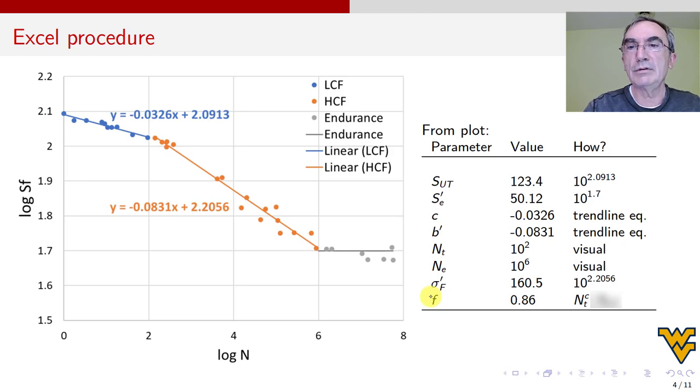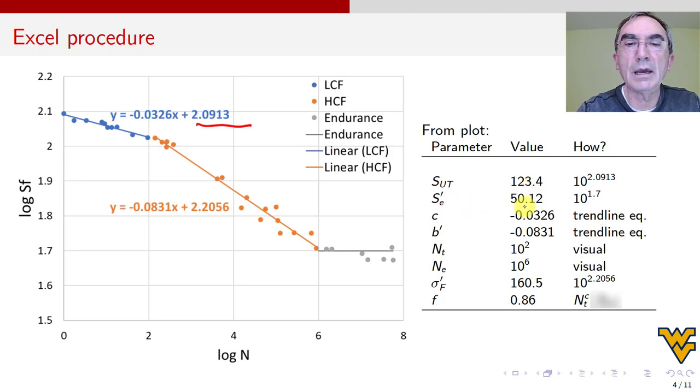This is what I was talking about in the previous slide, but now it's summarized. From the plot, here are the parameters. Did I label them correctly? Yes. The values which I calculated directly in the Excel file are these. For 10 to the 2.0913, you do 10 to that, and it gives you 125.